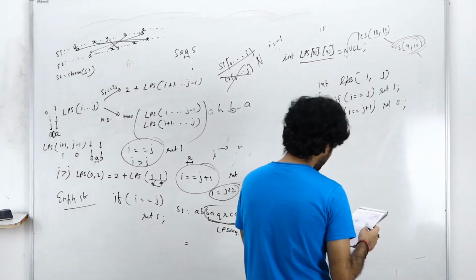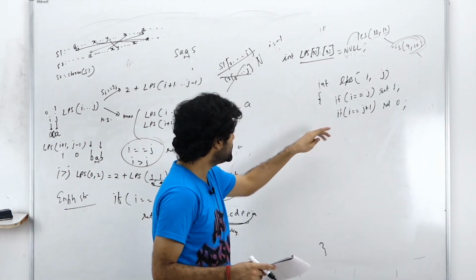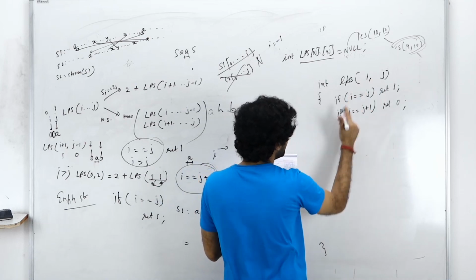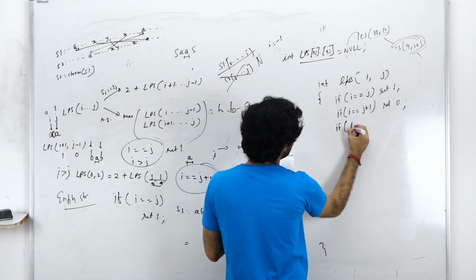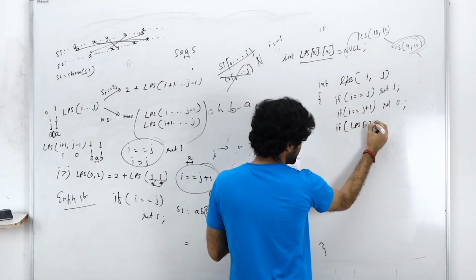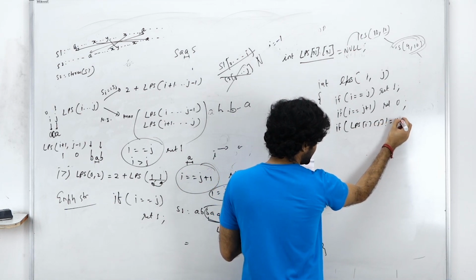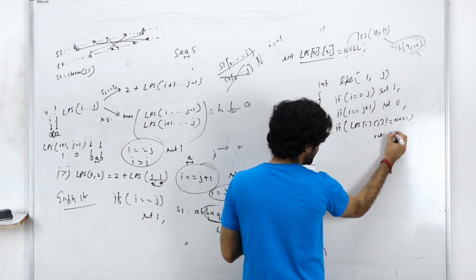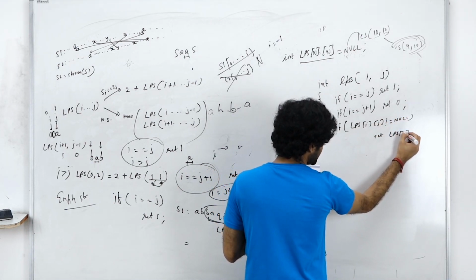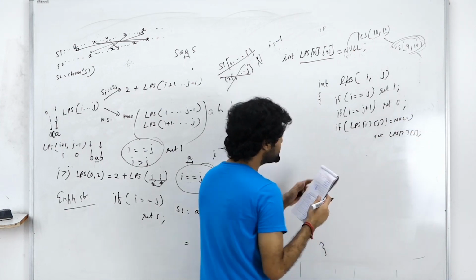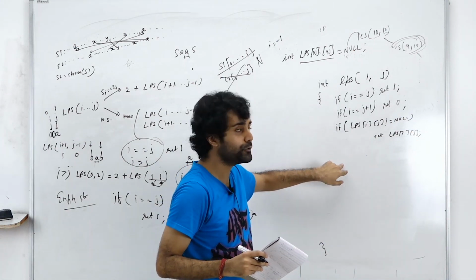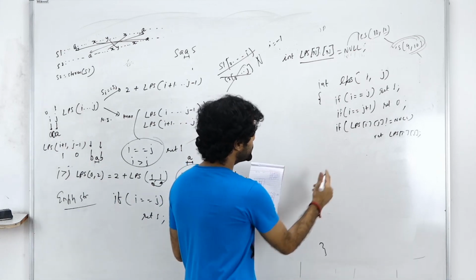Now another thing to understand here is that I will check whether this problem was solved or not. So if I see that LPS of I, J is not null, then I will simply return the value stored in LPS of I, J. Otherwise, it means that LPS of I, J is a new problem, so I need to solve it. So there are two cases.